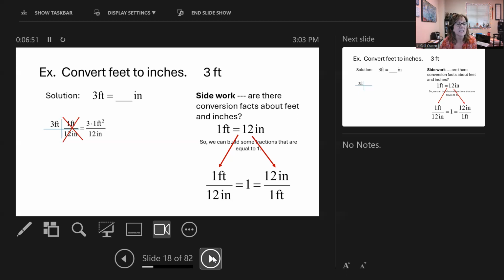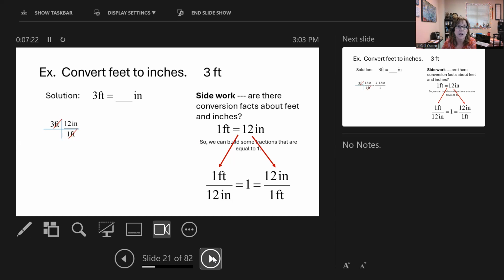Instead, let's choose the other fraction that's equivalent to 1. If I choose the other fraction that's equivalent to 1, look at how nicely this works out. Now I have 3 feet times a fraction equivalent to 1. 12 inches is on the top, 1 foot is on the bottom. Do you notice how there are feet in the top by the 3, the units FT, and there are feet in the bottom by the 1, and these two are going to cancel.